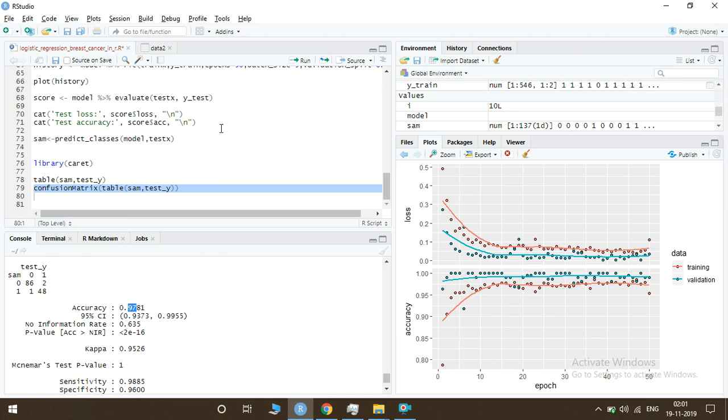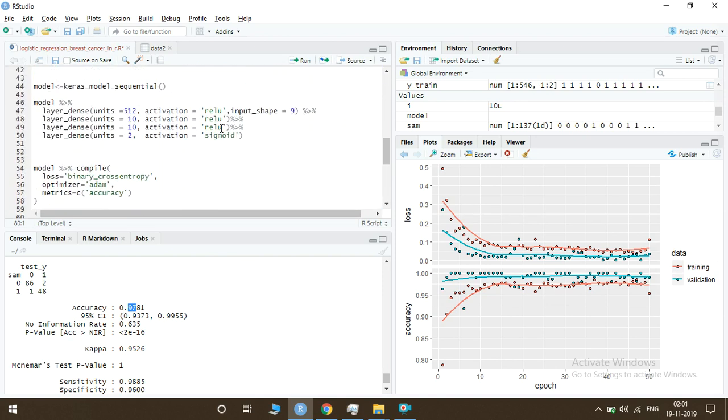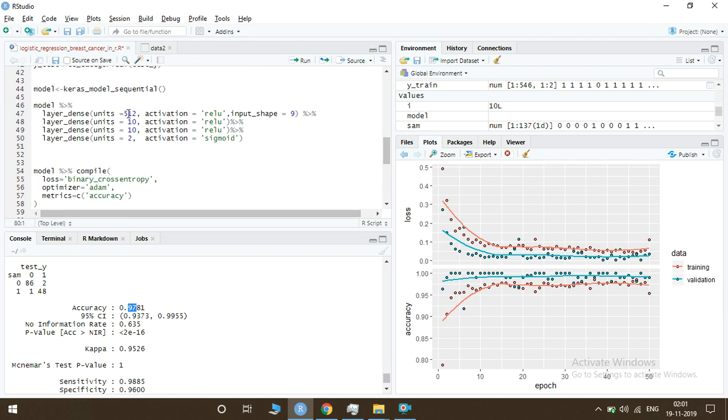So this is the very basic of how to detect which cancer it is, or you can say the very basic of a deep learning model. To increase the accuracy, you can tweak the number of neurons. Do not tweak the input shape, because this is the input that we will be giving to our deep learning model.